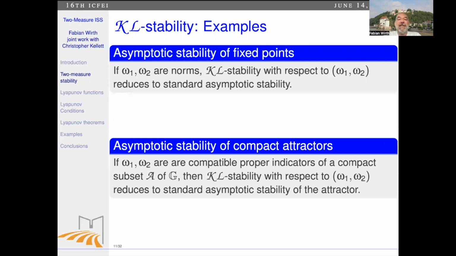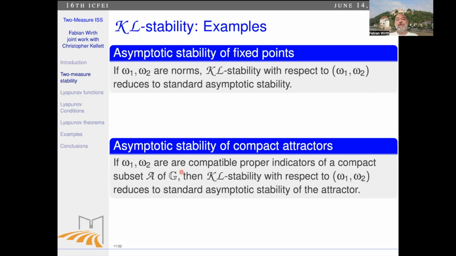If you are interested in compact attractors, then maybe take two measurement functions which are compatible, proper indicators of that compact subset. Remember, compatible means that they're equivalent in this nonlinear equivalence sense, and proper indicator means that we notice when we go to infinity in some sense.